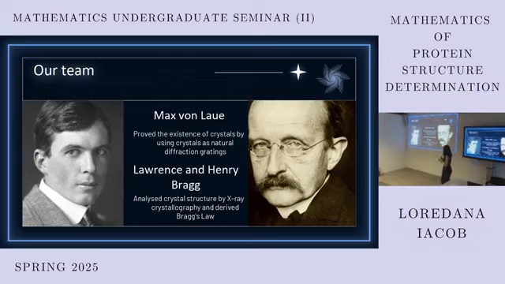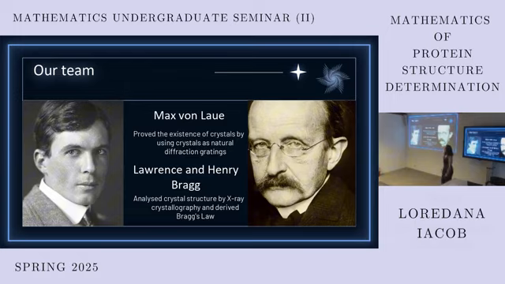Interestingly, Maxwell Law proposed that the atoms in the crystal absorb the X-ray and emit something else. But it was proven by the father and son team, Lawrence and Henry Bragg, that this is not correct. In fact, later research showed that Maxwell Law's experiment was only correct because he wanted it to be correct.